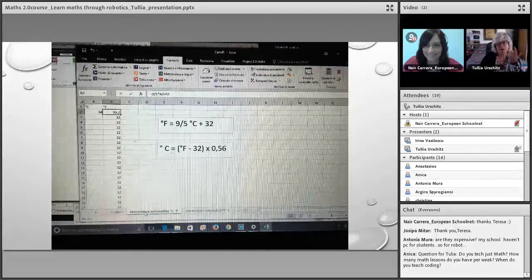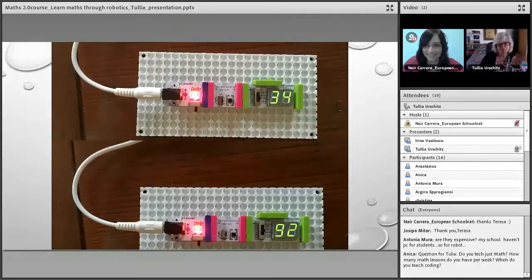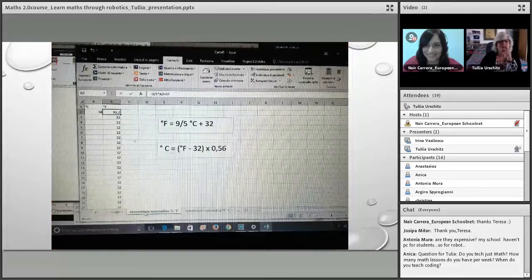Using the robots, in this case just some electronic kits, it can be shown also to young students, and they can find themselves the relations and the ratio to go from Celsius to Fahrenheit scales.